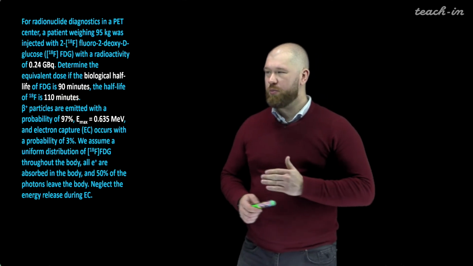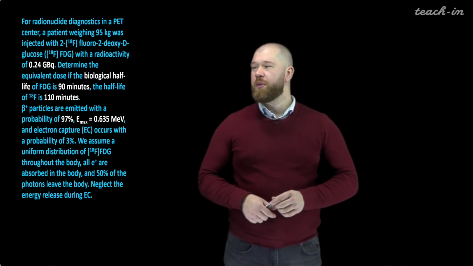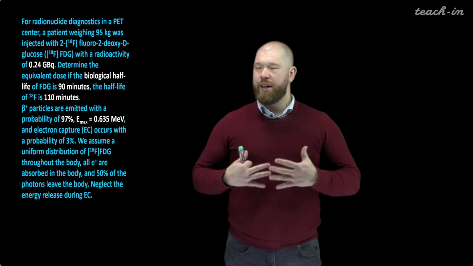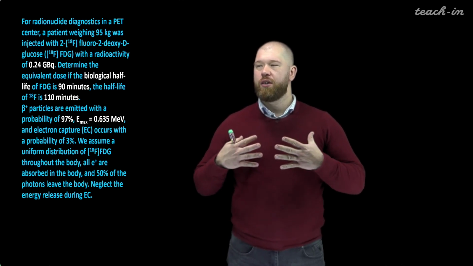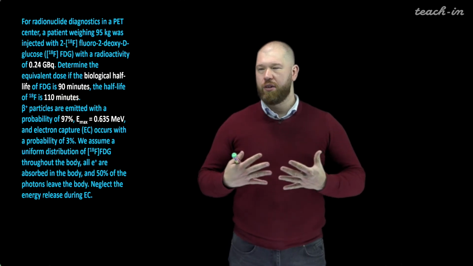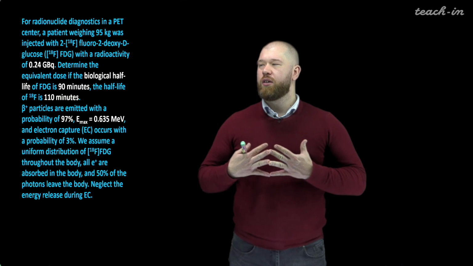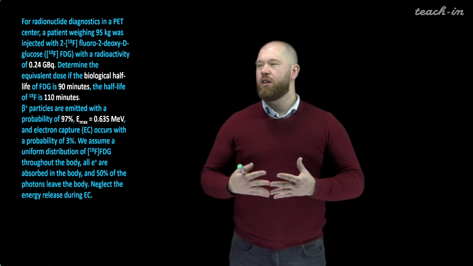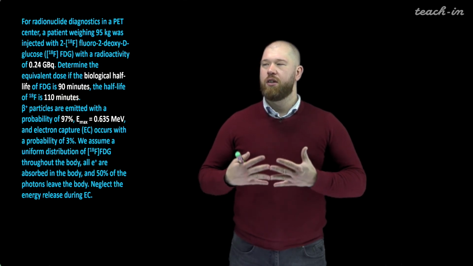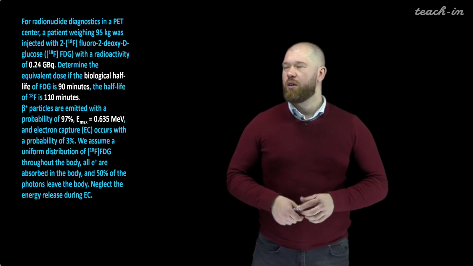We also assume that the whole activity is distributed evenly, and all the energy released by the beta particles, for example, is absorbed by the human body evenly. And in this case, we can calculate the dose as the whole energy released by beta particles divided by the whole mass of the human body.